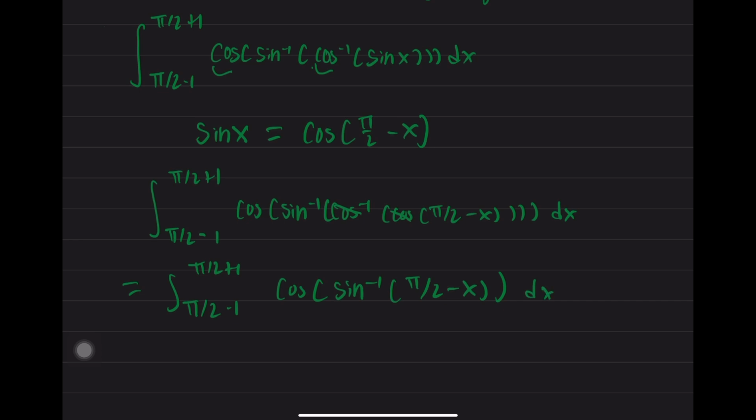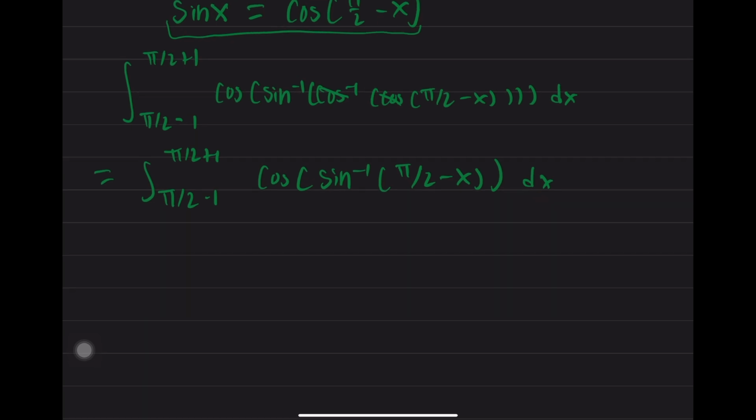Now we have something which we can't deduce easily: sine inverse of pi over 2 minus x. We can't do that the same way like we did here. So we're going to draw a triangle. Sine inverse of pi over 2 minus x, what does that mean? That means we took some angle, let's say theta right here.